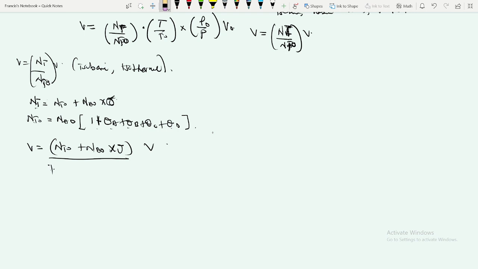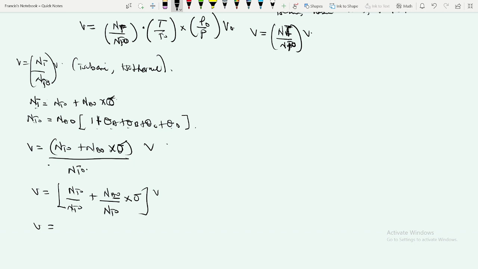So let me just put in this sigma. So we are going to get V is equal to Nt naught over Nt naught plus Na naught over Nt naught. You see now we've gotten Na naught here, multiplying the conversion times sigma, everything multiplying V, right?